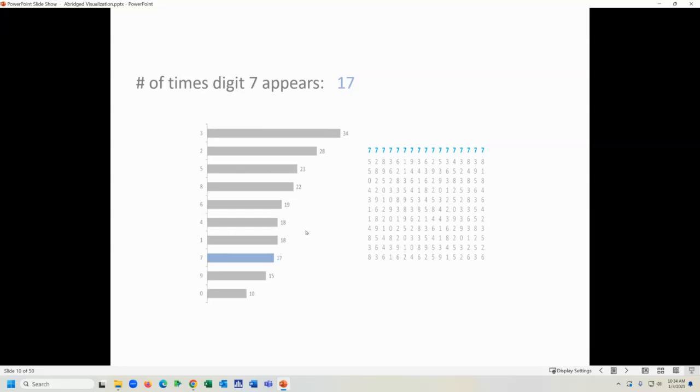It makes it not just easier to see, but also you get additional information. By ordering it, you can see that 7 was one of the least common numbers there. There were actually twice as many 3s as 7s. If I had asked how many more 3s there are than 7s, that would have been a much more difficult task from the original data. Now it's trivial to answer given this bar chart.